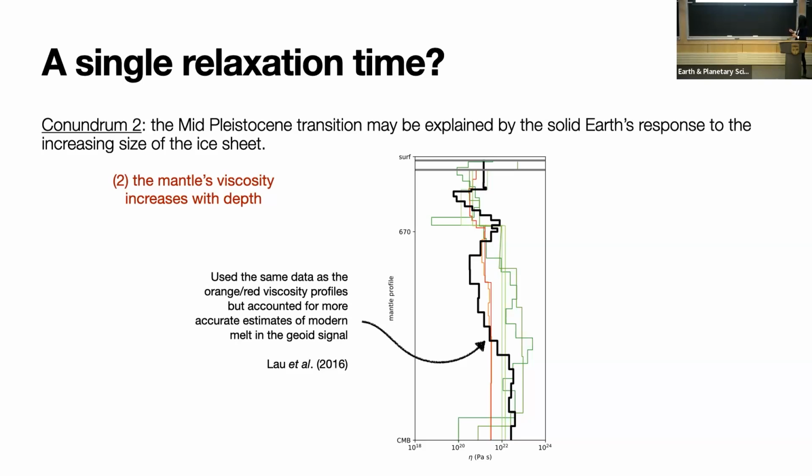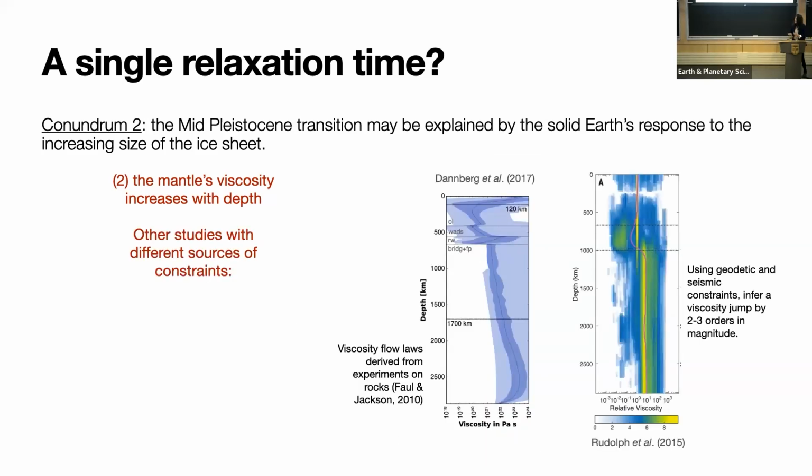And so when you do that, you end up with a mantle viscosity profile that increases by orders of magnitude, 1 or 2, with depth. And so that's kind of where the fields converge.